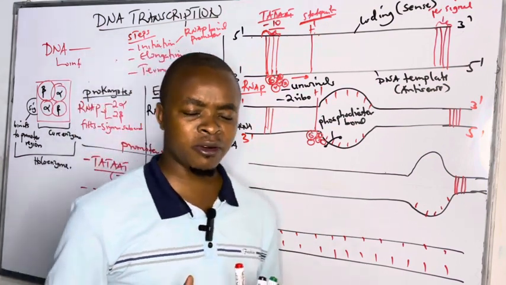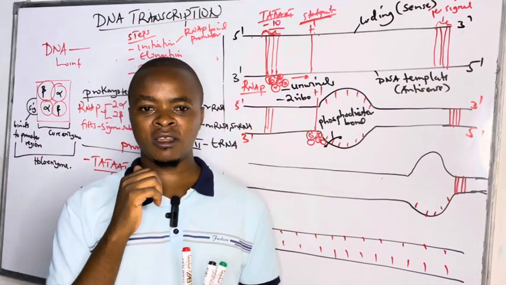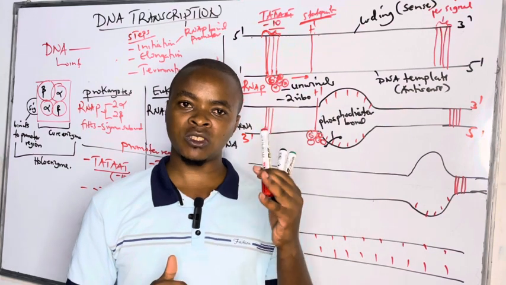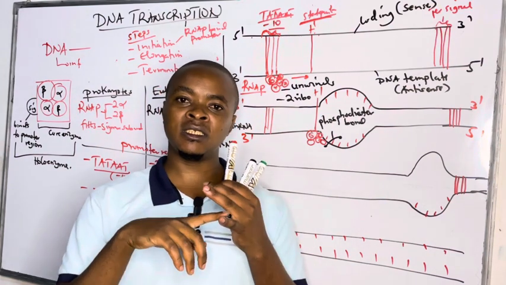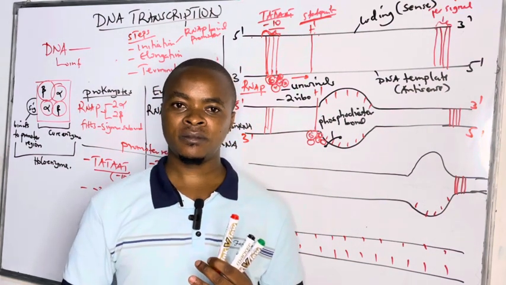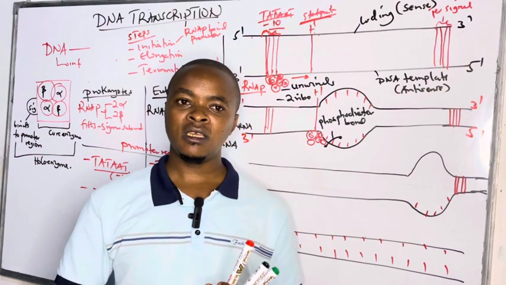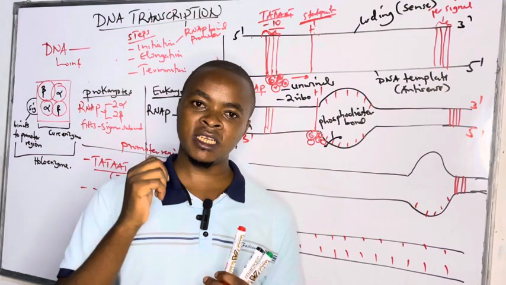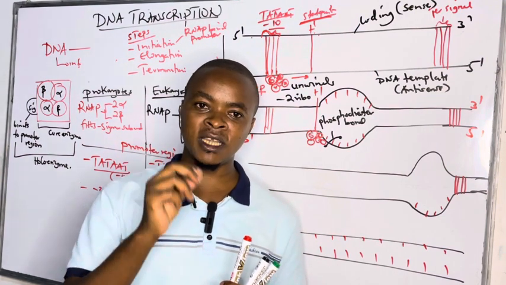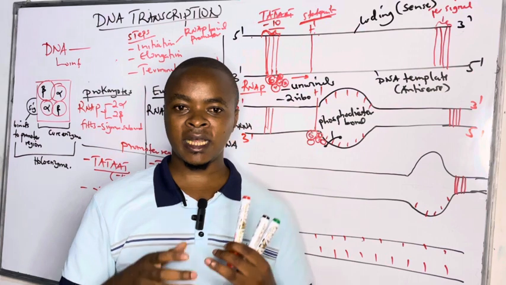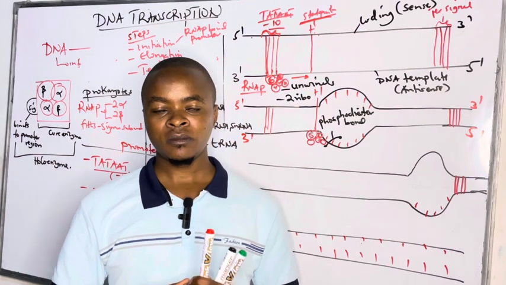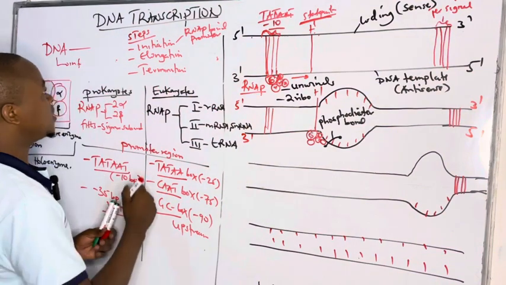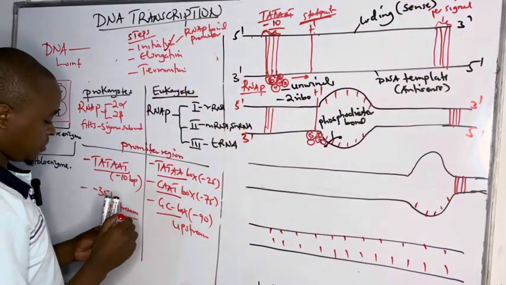So in summary, after the RNA polymerase binds on the template strand, it does two roles. First, it unwinds the DNA. Then the second, it adds the first two ribonucleotides and leads to the formation of the first phosphodiester bond. And that is what initiates DNA transcription. And that is the initiation step.